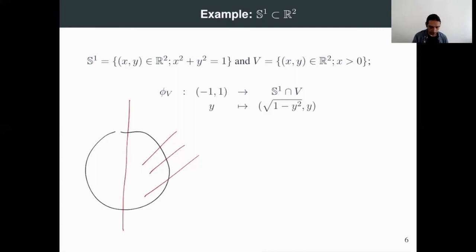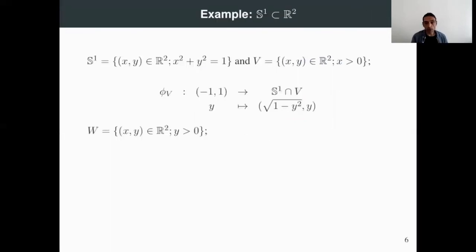If we fix the second coordinate, in general we have 2 points in the circle. But if we restrict ourselves to the points whose x-coordinate is positive, then for every possible height there is just 1 point of the circle. This gives us a parametrization by the second coordinate. And obviously, since x has to be positive, the first coordinate is the positive square root of 1 minus y squared.